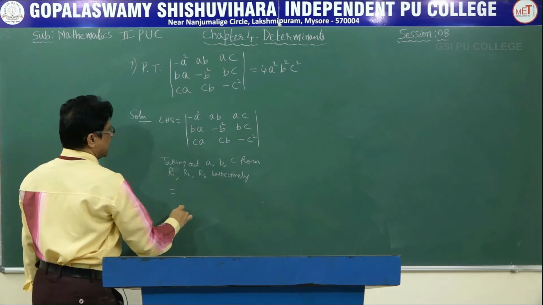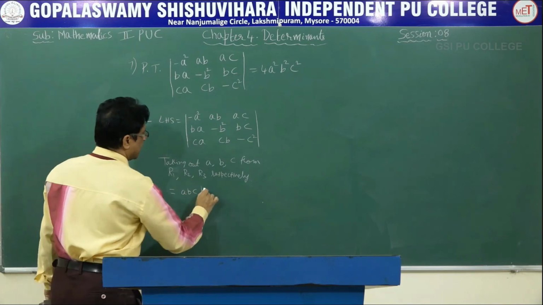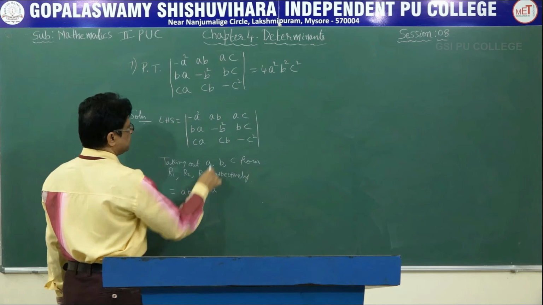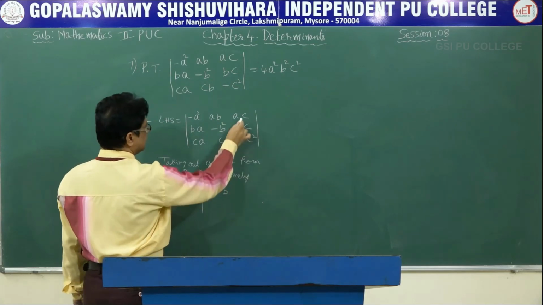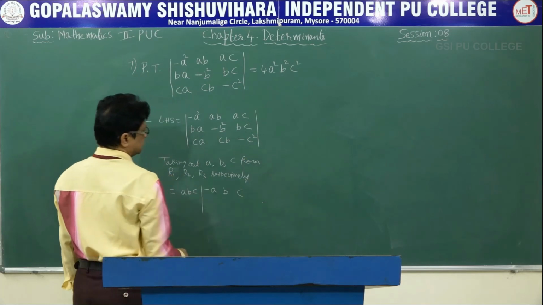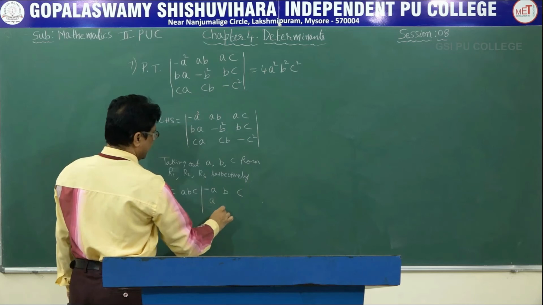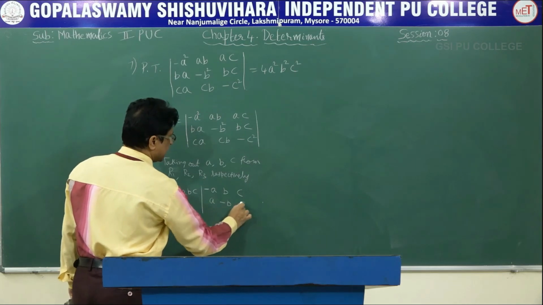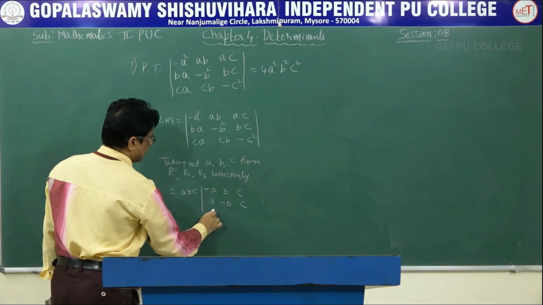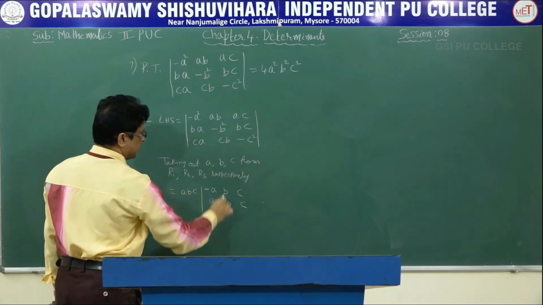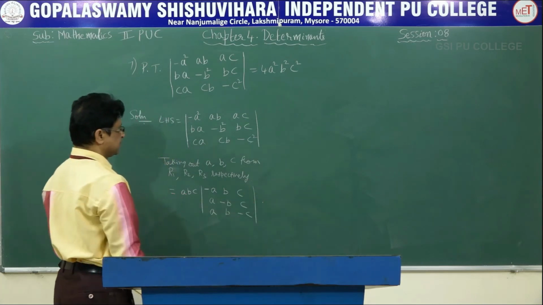So, this will be equal to A into B into C, determinant of minus A, B, C, in the second row A, minus B, C, in the third row, A, B, minus C.